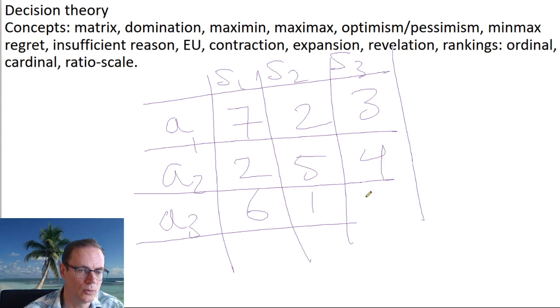Now, we wrote numbers in the boxes, and that's an outcome, and the number reveals how good the outcome is for the agent. There are different ways of interpreting these numbers.